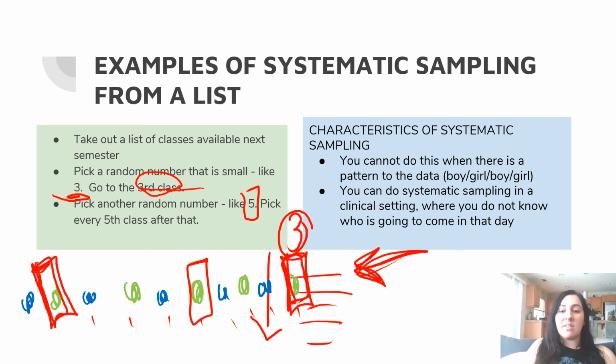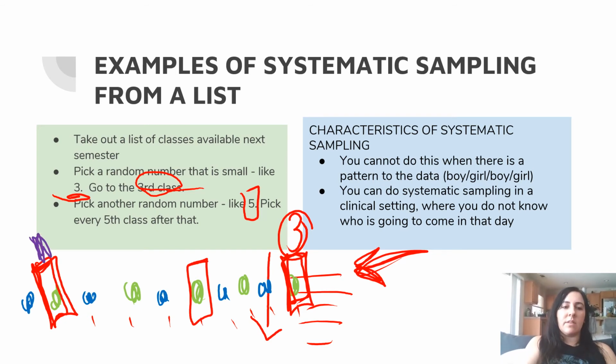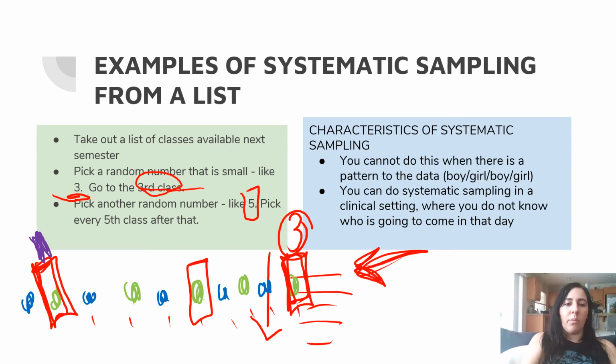Now, what if we did an odd number? Let's make it 3. Okay, 3 can be our random number, our k. Starting from this individual, because this was our initial one, this girl right here, let's do every 3rd. We go 1, 2, 3. So this individual is going to be chosen. Then we go 1, 2, 3.